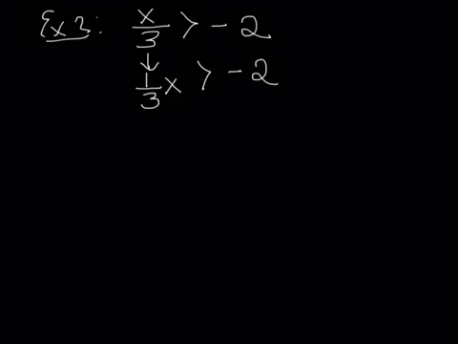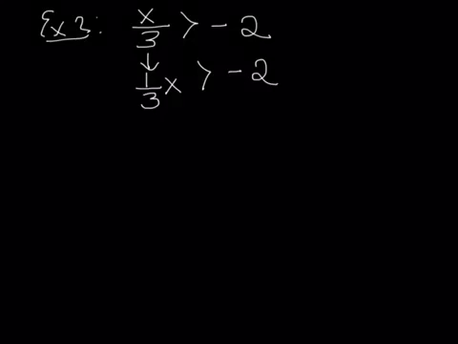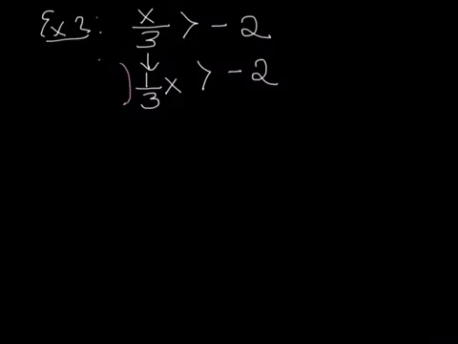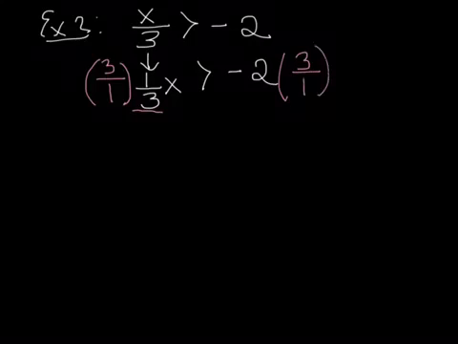So using, from section 6.3, our properties of equality, we can multiply both sides by the reciprocal of this, which is just 3 over 1. So if you do it to the left, you have to do it to the right.